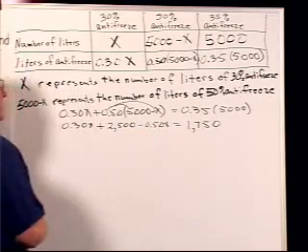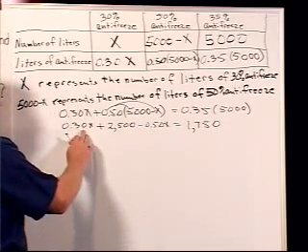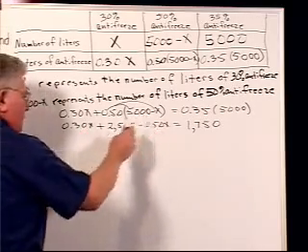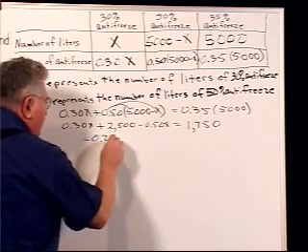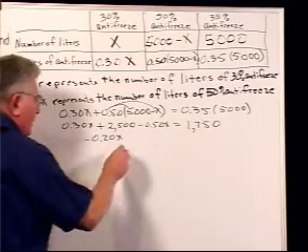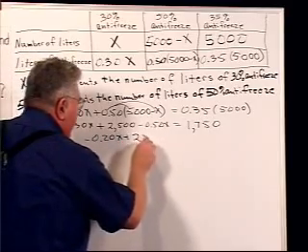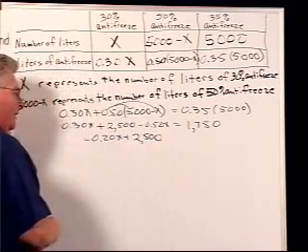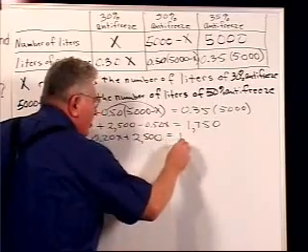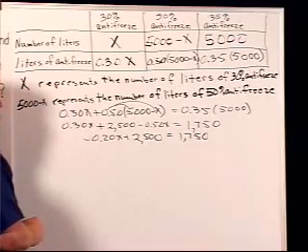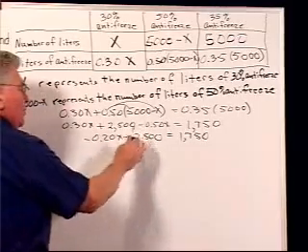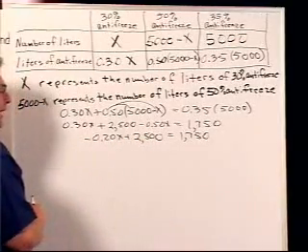Combining the like terms on the left side, I have 30 hundredths minus 50 hundredths gives me negative 20 hundredths x, plus 2,500 equals 1,750. I would like to remove the 2,500 from the left side.